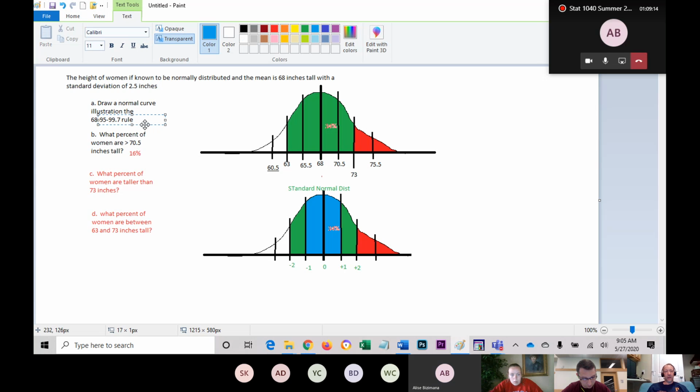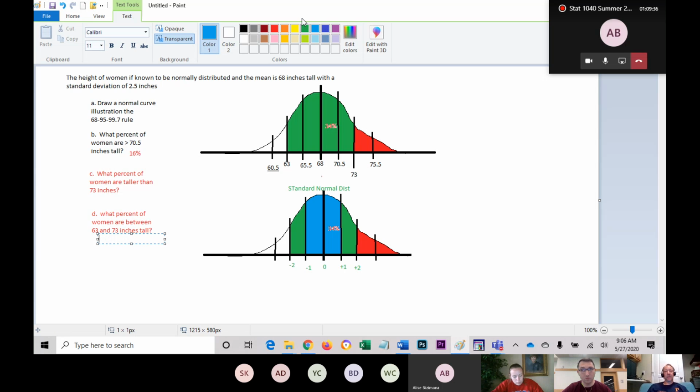And I'm going to highlight it right there. It's going to be 95%. Okay. Do you remember that? Kind of. We just talked about that. Okay. All right. So the green area here is 95%.